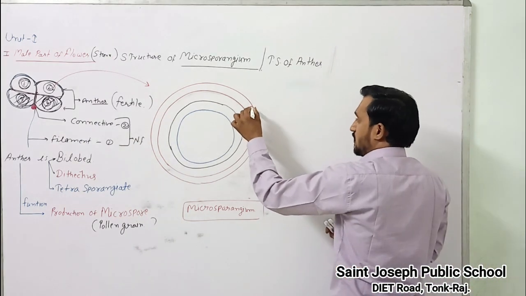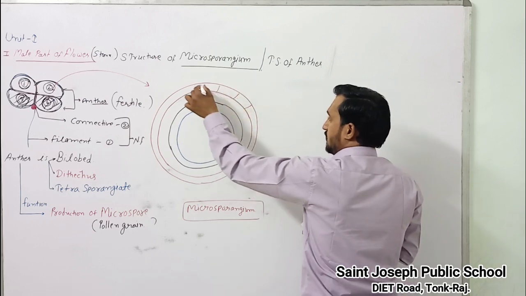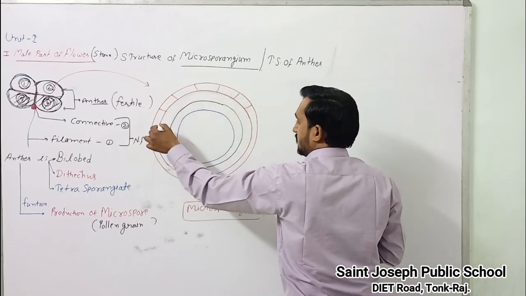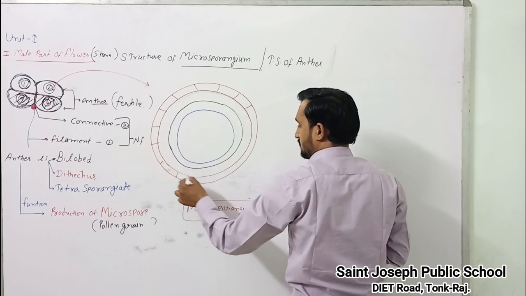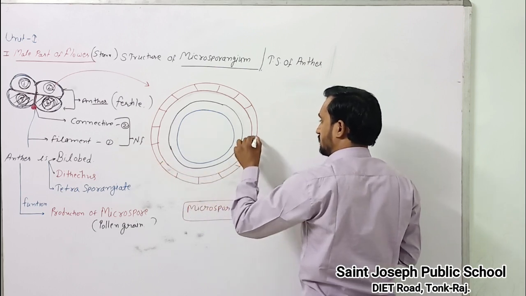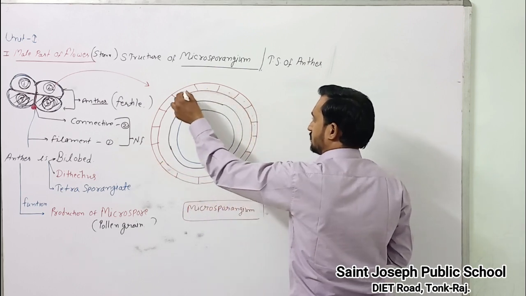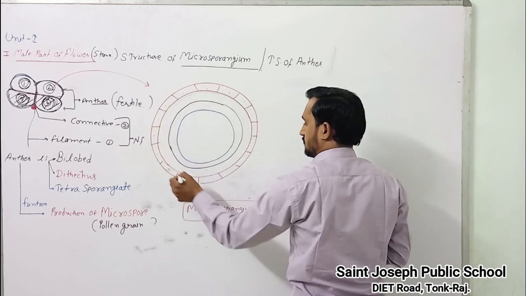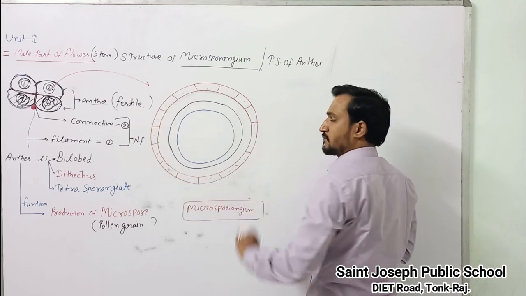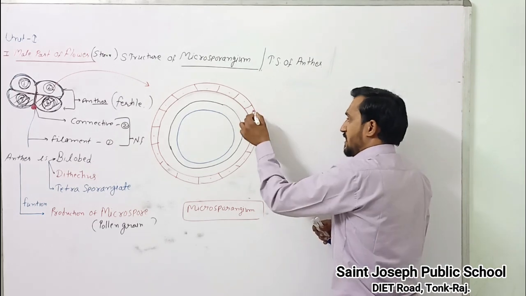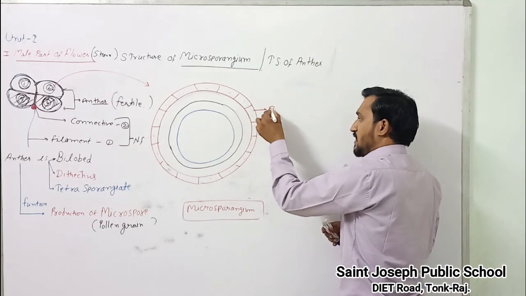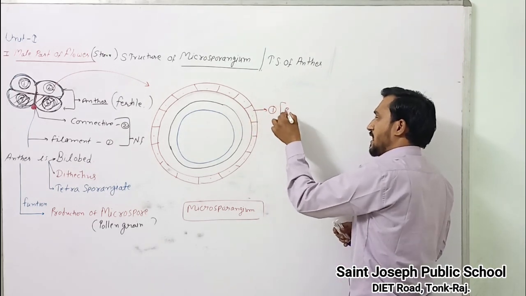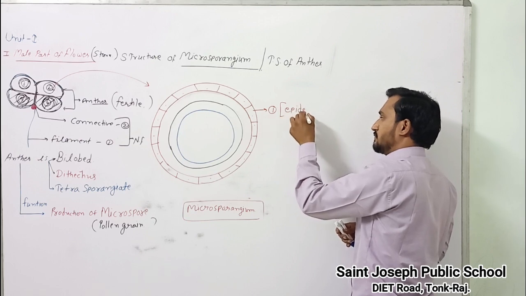Outer, look here. I am making cells. These are cells. Outer layer, number 1 layer, that is epidermis.